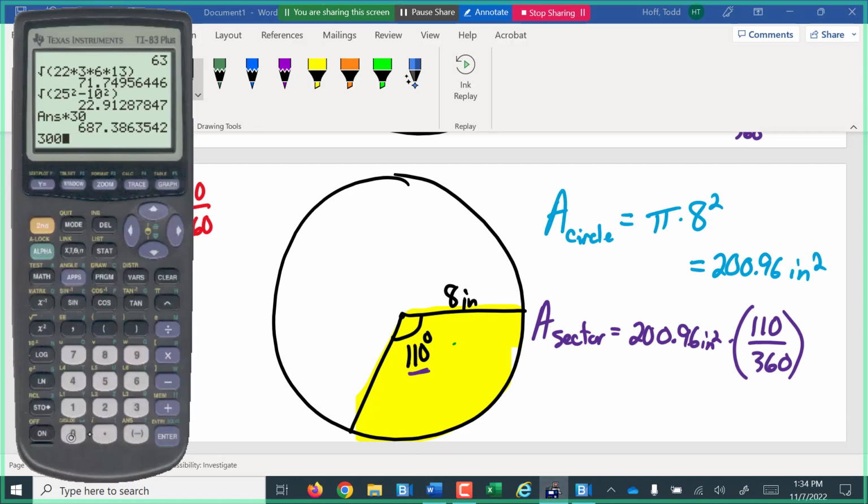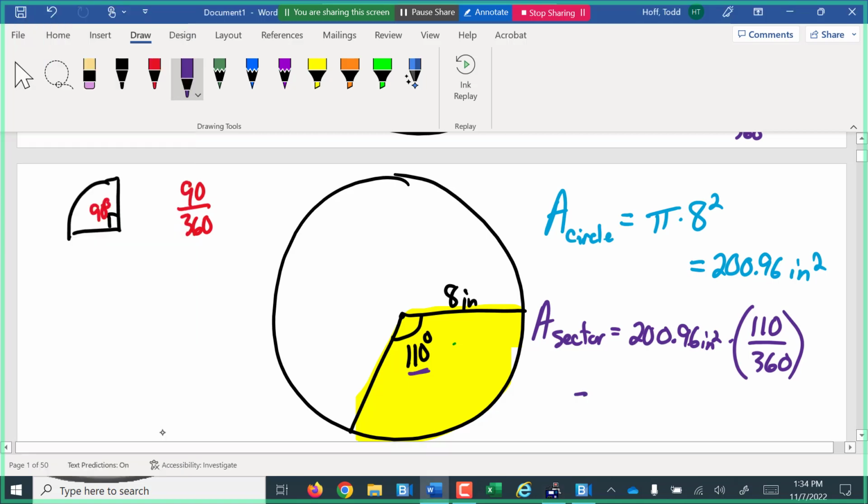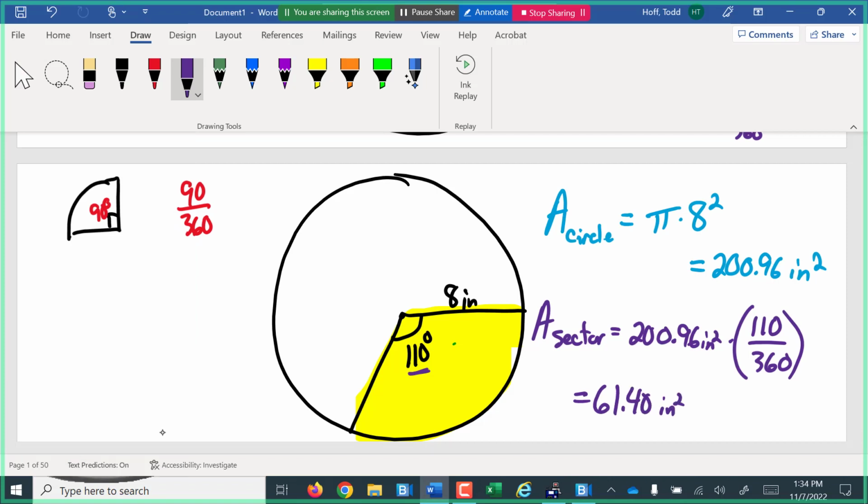So 200.96 times 110 divided by 360 gives us 61.40 square inches is the area of that sector.